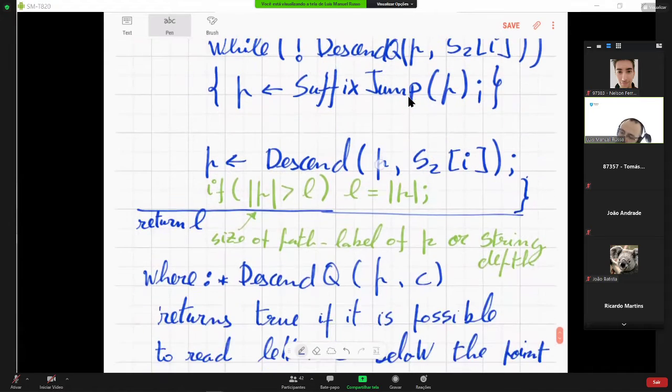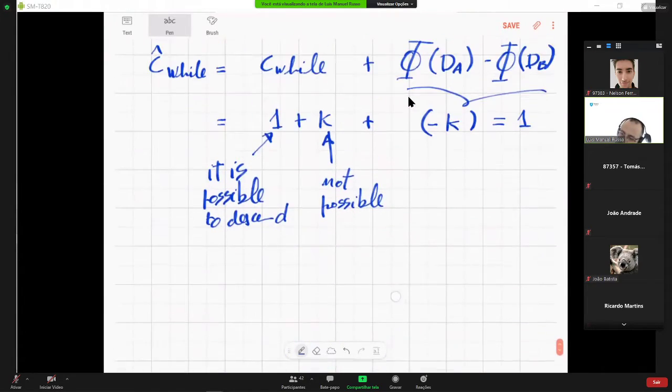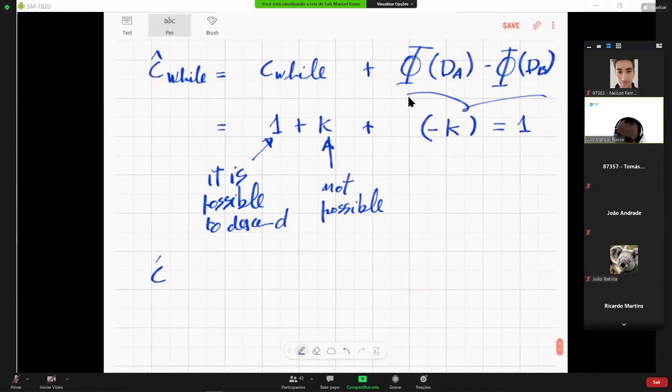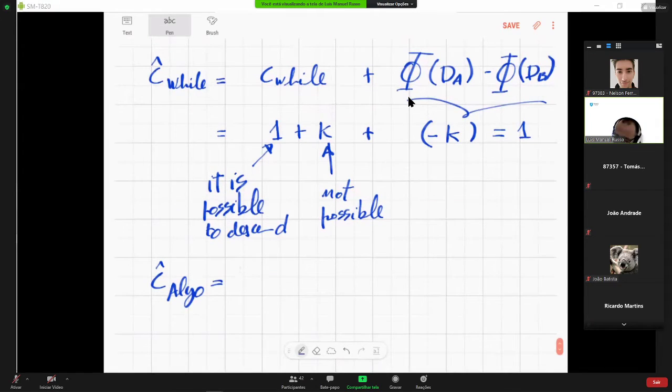Okay, so this basically means that then the amortized time of the algorithm. Okay, this is just going to be summing up all the amortized costs, right? So this is size of S2, right?